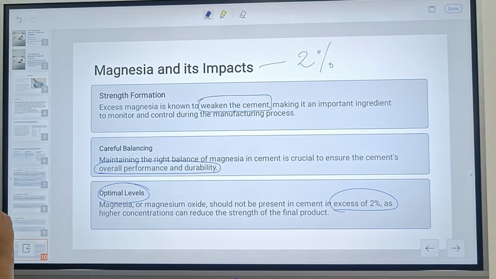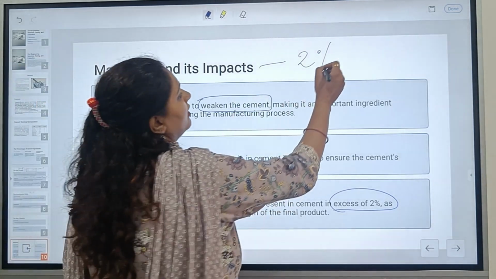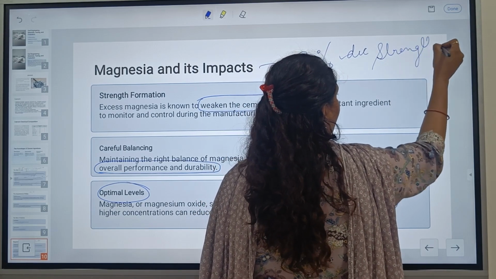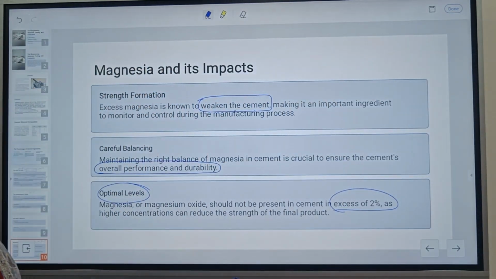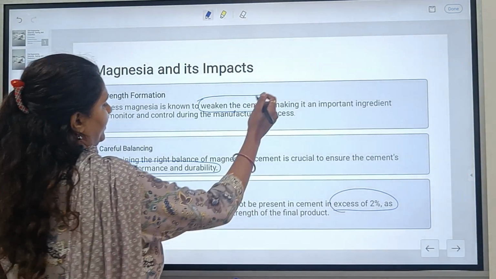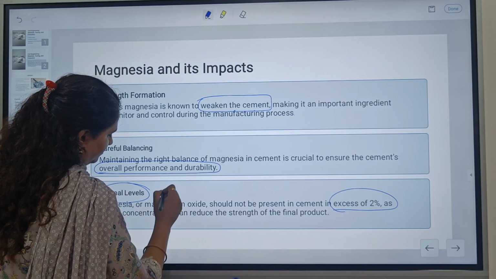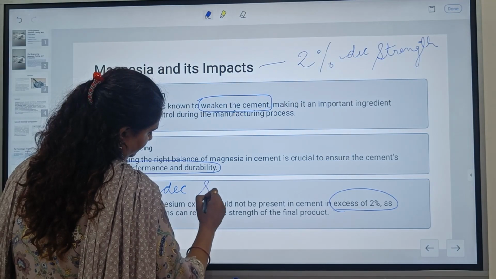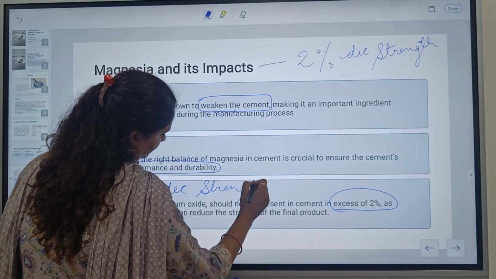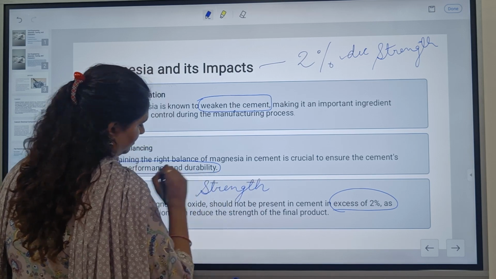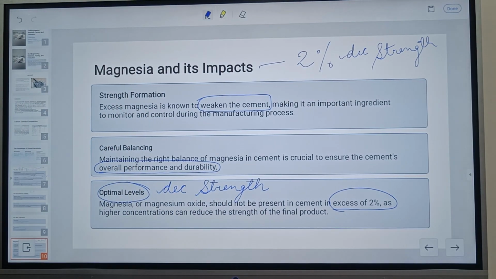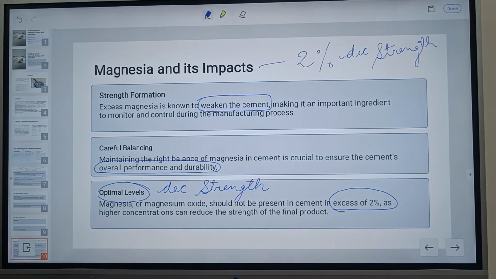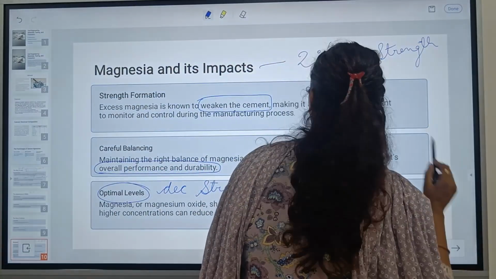If we make it more than 2%, then it will decrease the strength of the final product. So that is the role of magnesium in the cement.